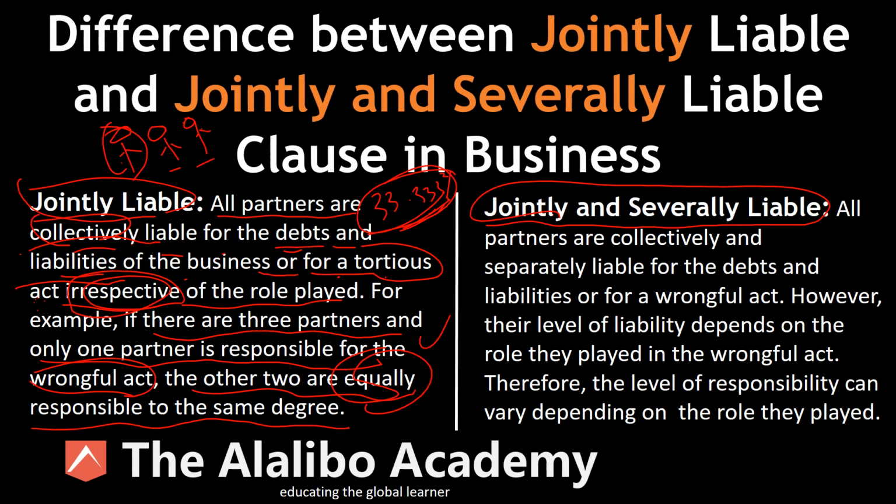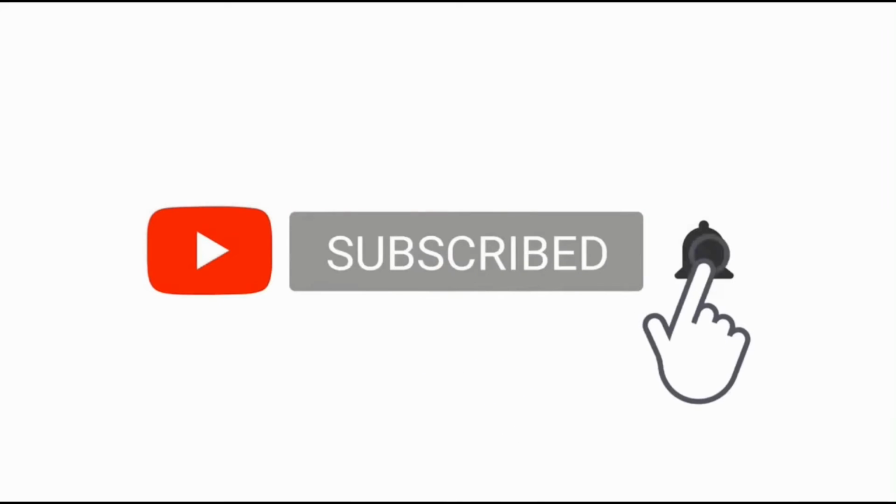On the other side, jointly and severally liable, and this is a very interesting one as well. It means that all partners are collectively, so again, another keyword, collectively, there is a but to this, collectively and separately liable for the debts and liabilities or for a wrongful act.